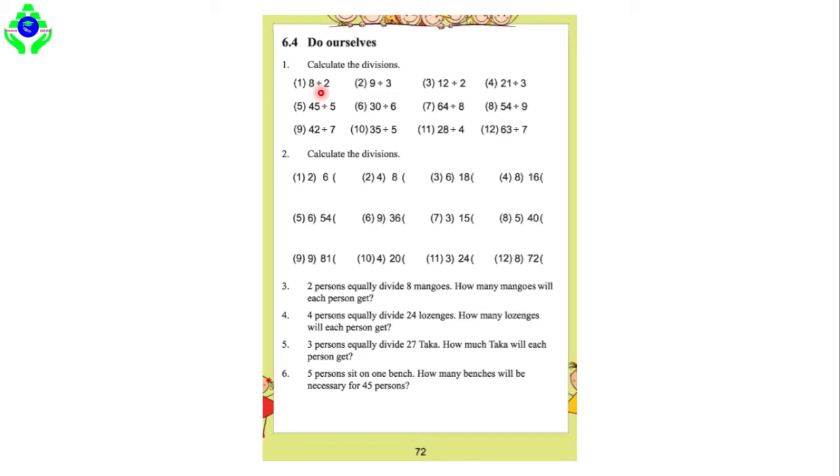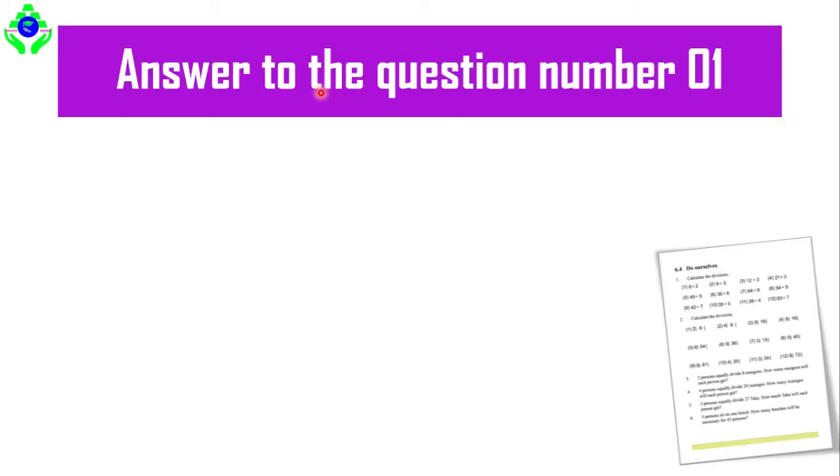That means addition is the reverse process of subtraction. Similarly, multiplication is the reverse process of division. As this chapter is based on division, we should apply the concept of division. So now let's try to solve the questions.